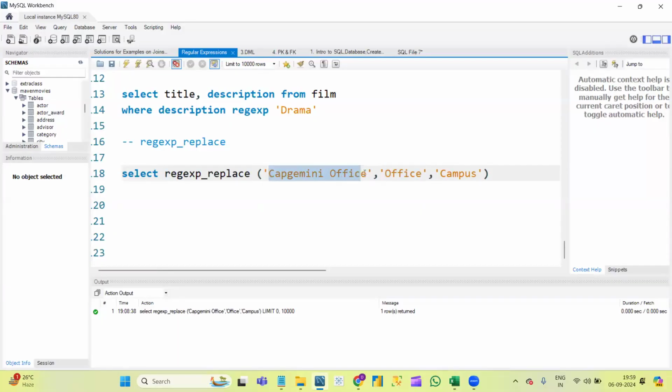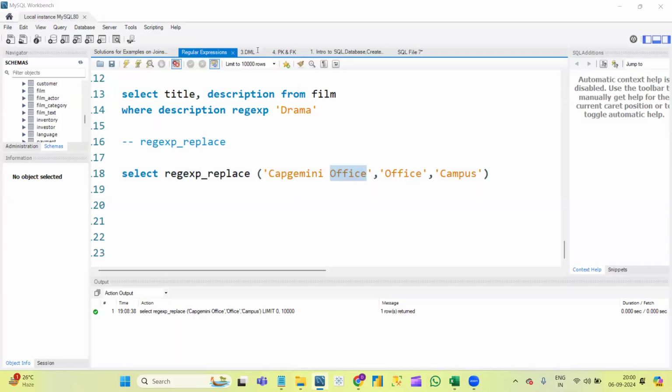But here, in one column, I have two words and I want to change only one word, not the complete data. Something like, in Maven movies we have a description, right? Yesterday we saw one long sentence over there. In that sentence, if I want to change a particular word, because I realized I wrote a paragraph of description and made one mistake in only one word, I won't change the complete data. I will use regular expression replace and just replace that particular word. Okay, Divya. Thank you.